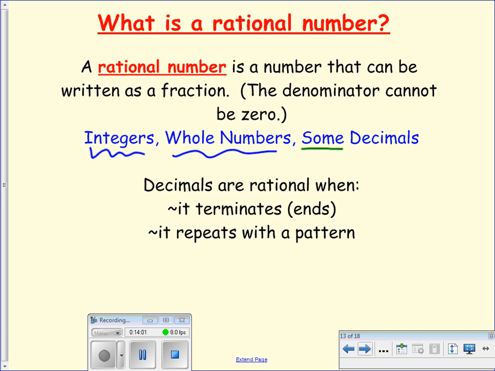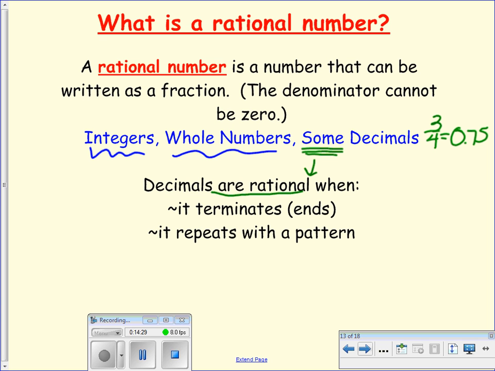But only some decimals. So if I said 3/4 was a rational number, then I know 0.75 is a rational number. So let's see which decimals are rational. If it terminates, remember terminates means to end, like when you terminate your video game, terminate your session.